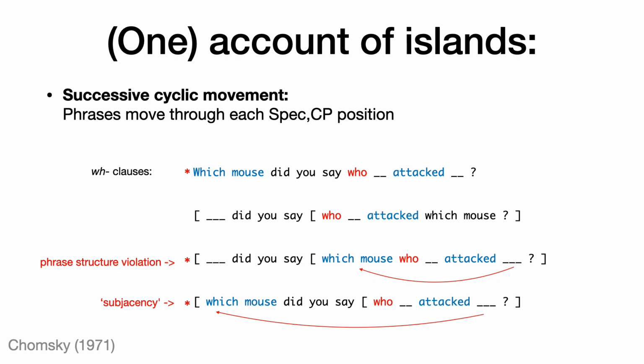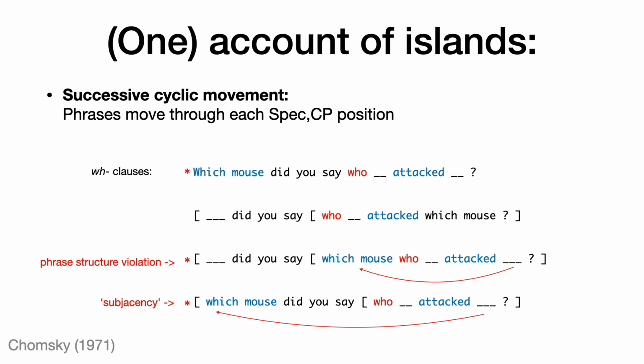And as a consequence, you deduce that the sentence, which mouse did you say who attacked, is bad, right? In other words, you don't actually have to learn that WH phrases are islands. You learn other things about your language, and as a consequence, you stumble upon the conclusion that this sentence isn't good. That's a good theory of how learning could work from this perspective.